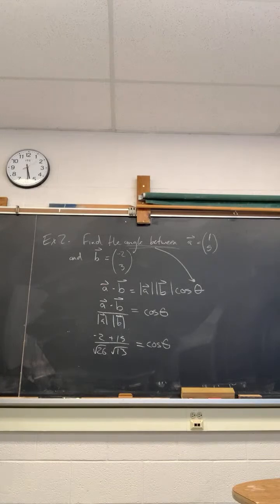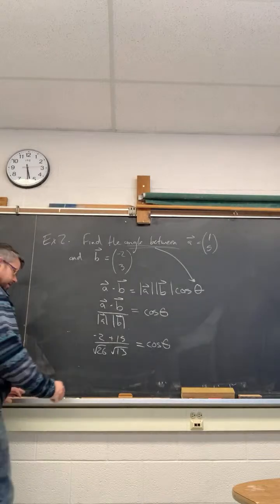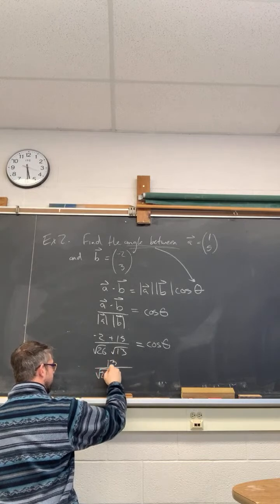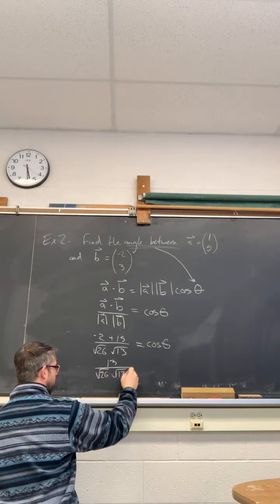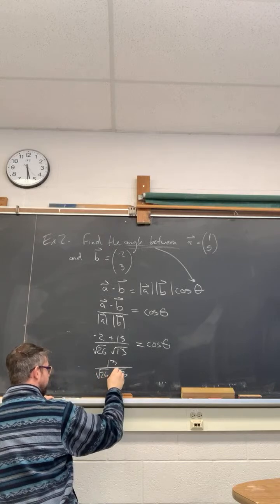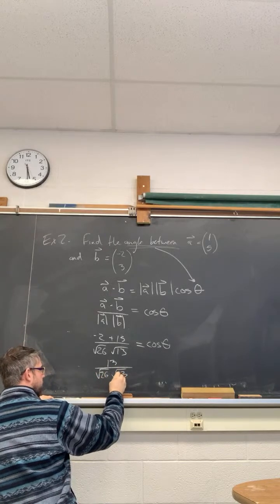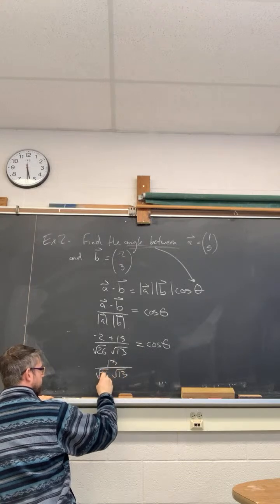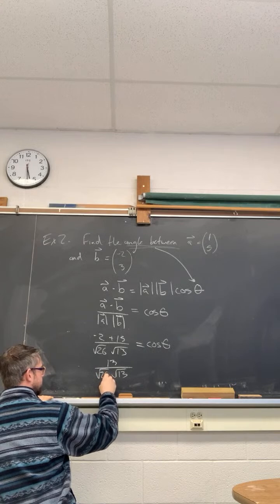Okay, now -2 plus 15 is 13. Oh, look at this. Ladies and gentlemen, I don't know if it's worked out exactly, but I think it may have. The root of 13 times the root of 26. 26 is nicely divisible by 13.